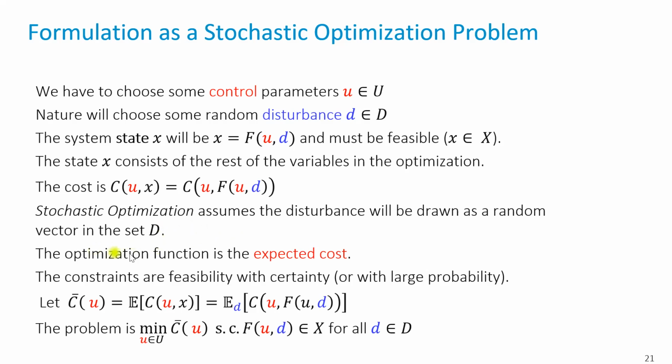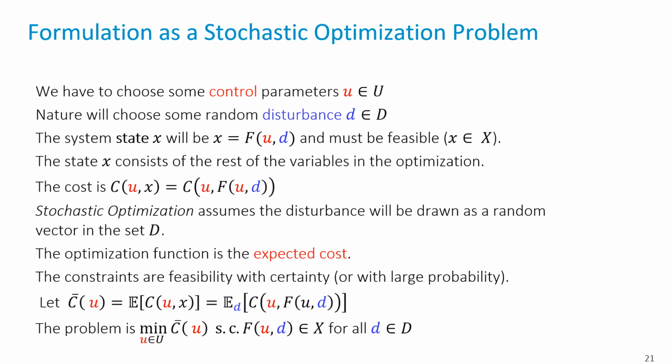In stochastic optimization, as I said, we assume that the disturbance is a random variable. And in this case, the optimization function is the expected cost here. So we get around the problem of the fact that the cost depends on something that we don't know by saying we take as cost, which I call C bar of U, the expectation over all the possible realizations of the random variable D of this cost here that depends on D. So that's one of the principles of stochastic optimization.